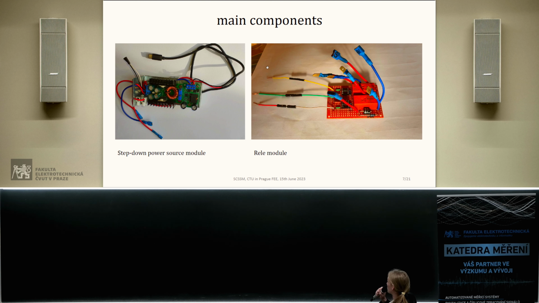The next component is a step-down source for powering ventilation, motors for displacing the paper roll, and a reflector. The next one is a relay module that controls the motors and reflector by Raspberry Pi.